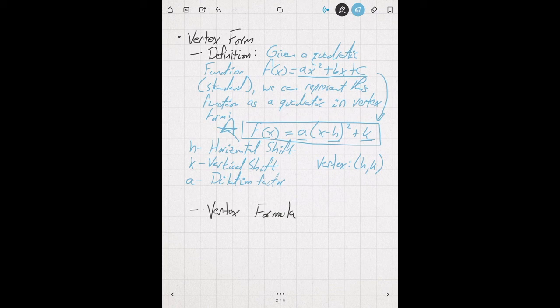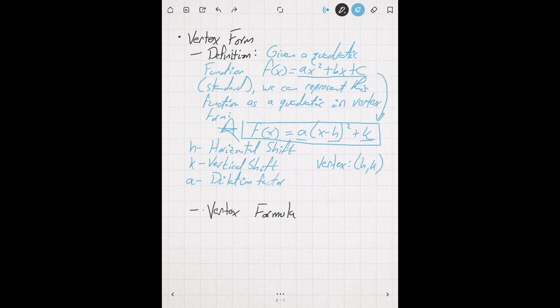And what k says, if you start at the origin, move up or down this many units. So I know where I took the parent function and where I moved it to. I can't really see that in standard form, okay? Vertex form is the one that tells me that. So that's why it's actually going to be very helpful to us going forward when we do these application problems.